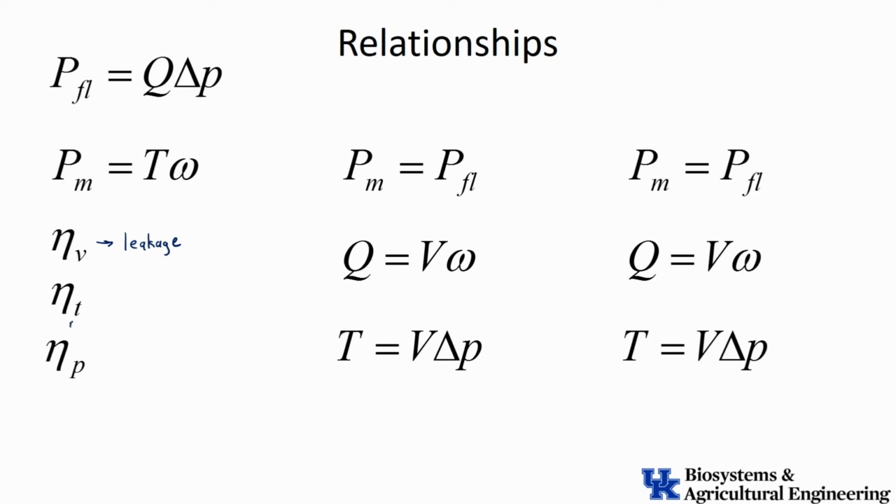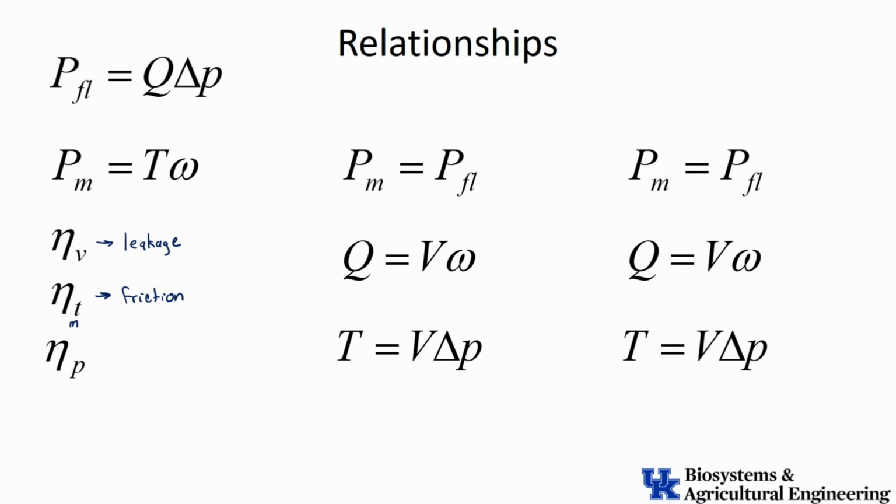You'll also see some textbooks use an M for mechanical efficiency, but to indicate the same thing. But basically, this torque efficiency is affected by the friction. So there are bearings in these things that we've got, and the fluid that we're using is also going to affect that.